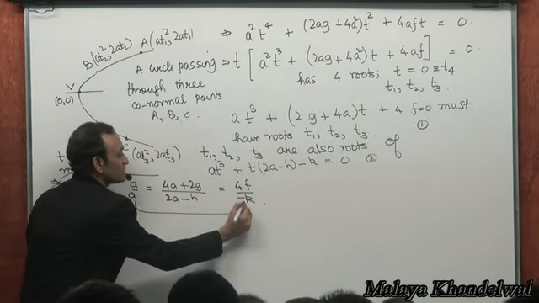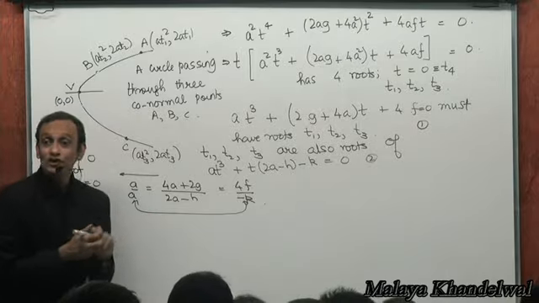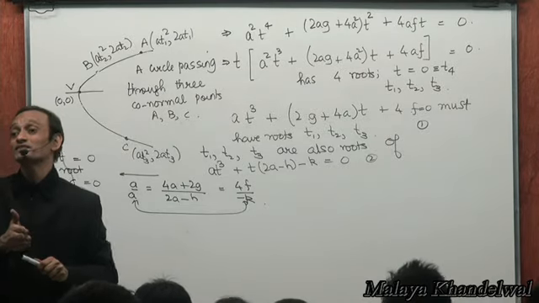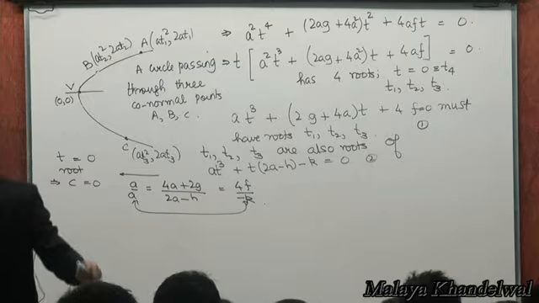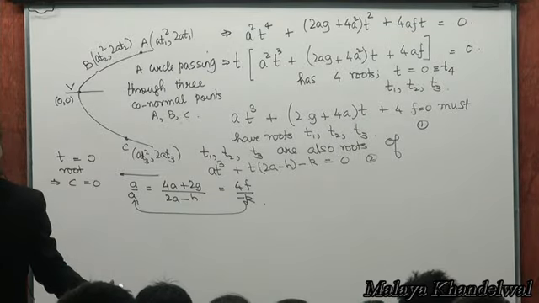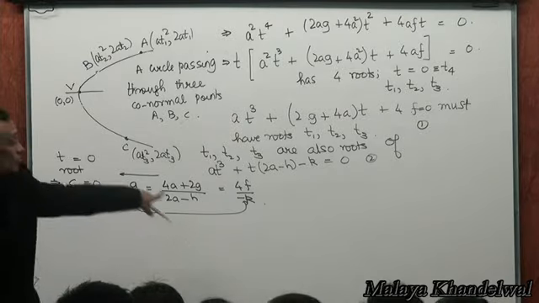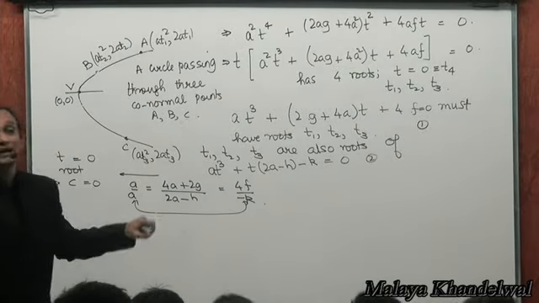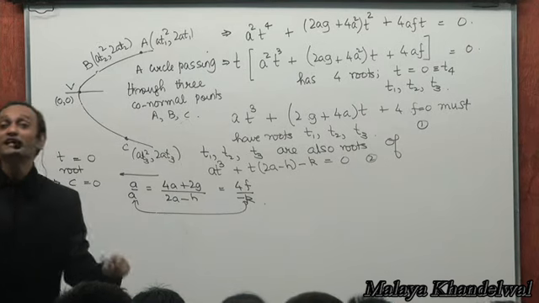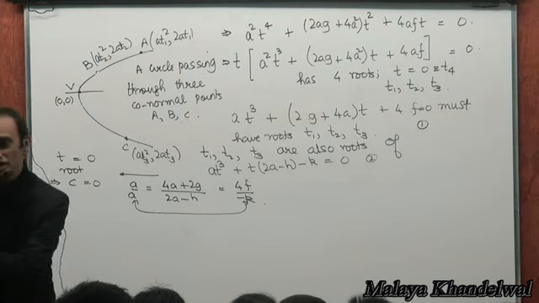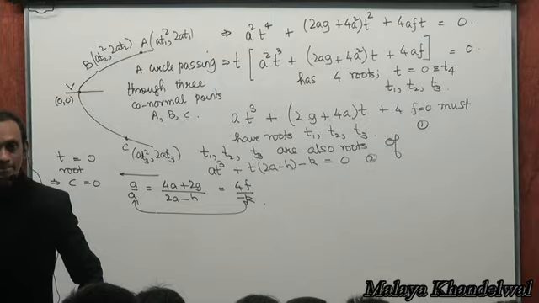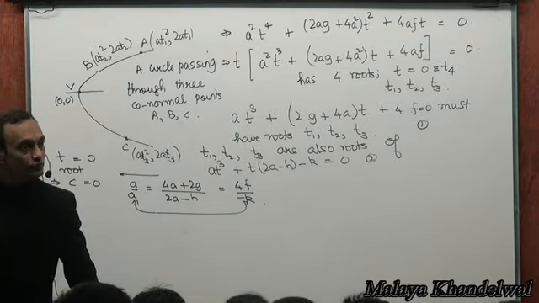If I solve this equal to this, then I get f. So the g and f, and therefore the center of the circle, minus g comma minus f, would be obtainable from these considerations. Makes sense to all of you?